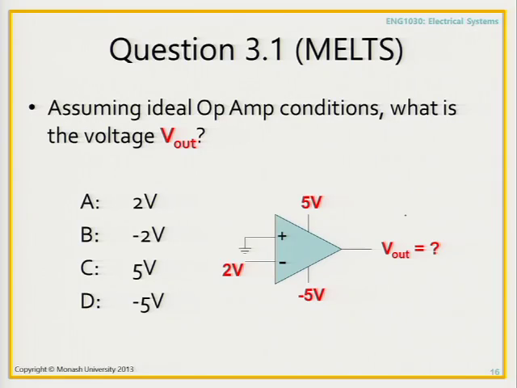Okay, just in case, because it's not on the slide and you don't have the notes, remember what the output equation is? It's AOL times V plus minus V minus.